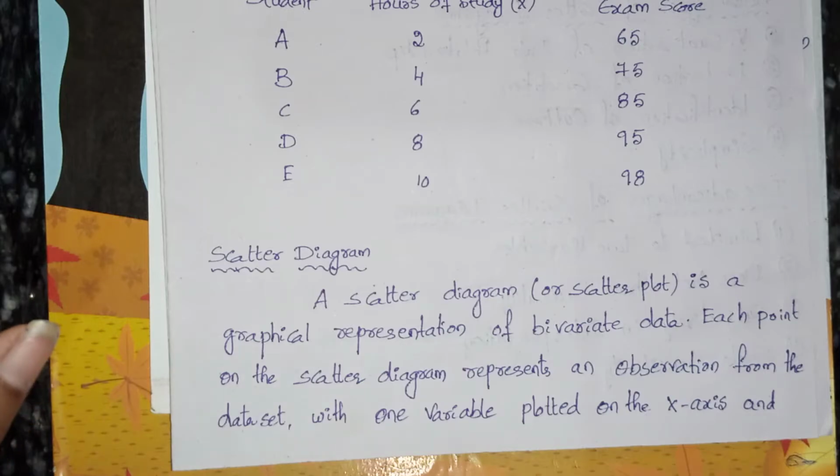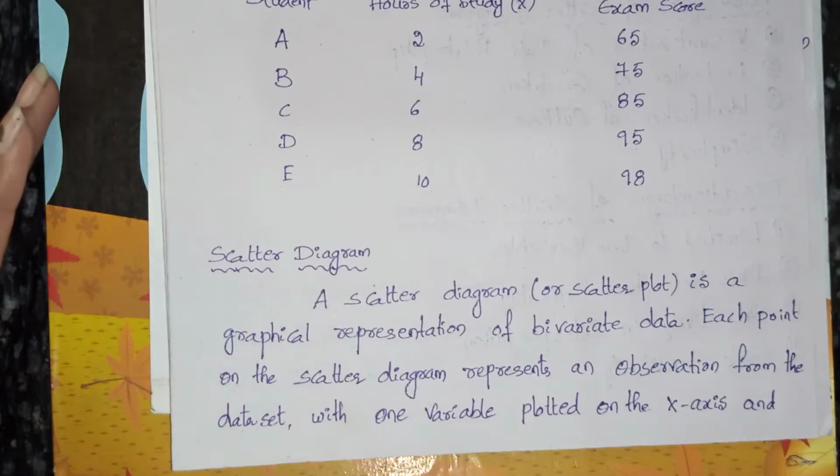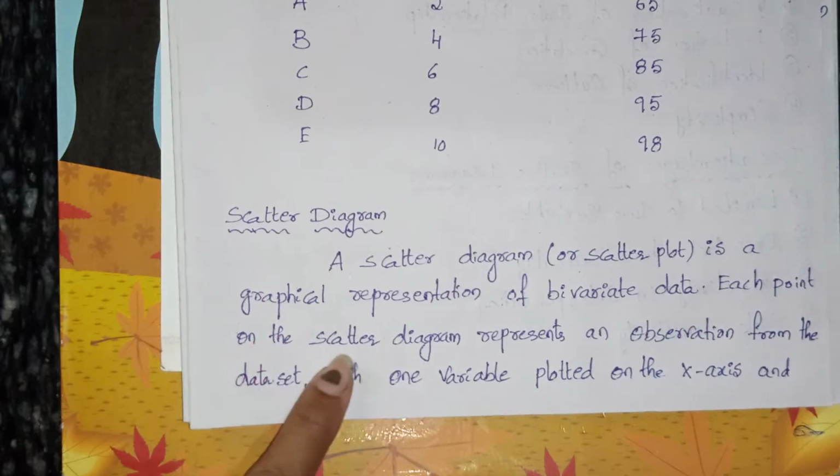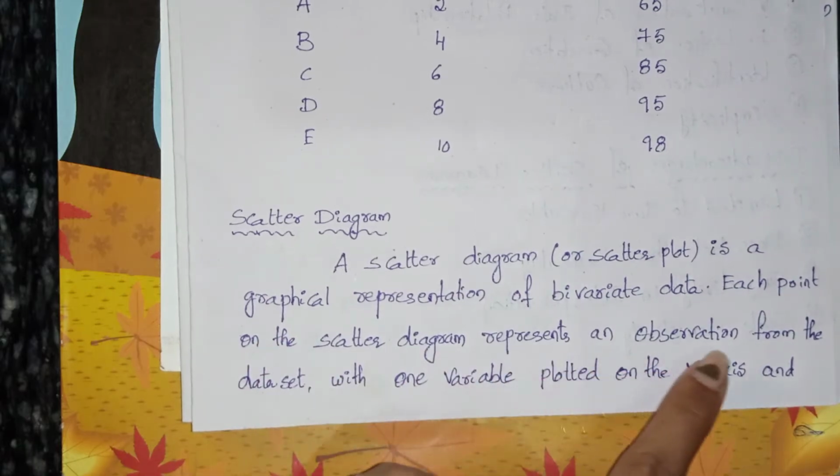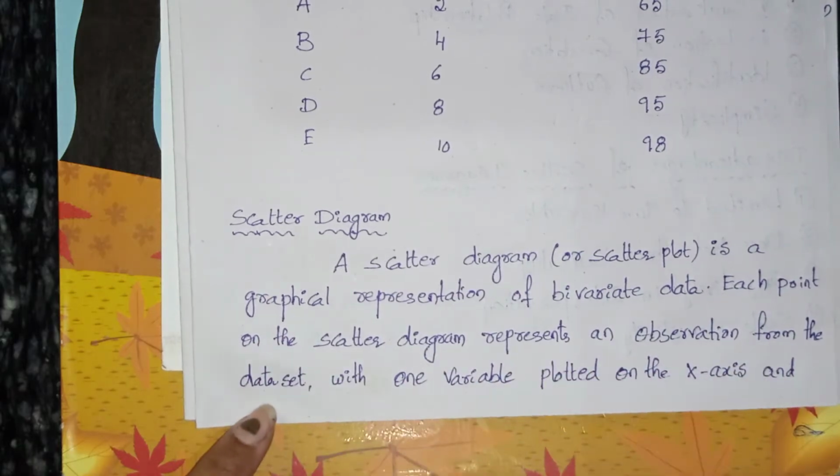Why? Because a scatter diagram takes only two variables, one on the x-axis and the other on the y-axis. So a scatter diagram is used only for two variables, that is, bivariate. Each point on the scatter diagram represents an observation from the data set. Yes, no?